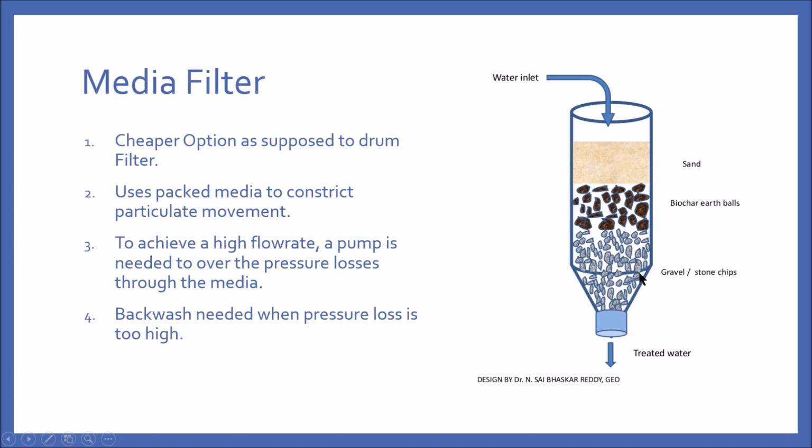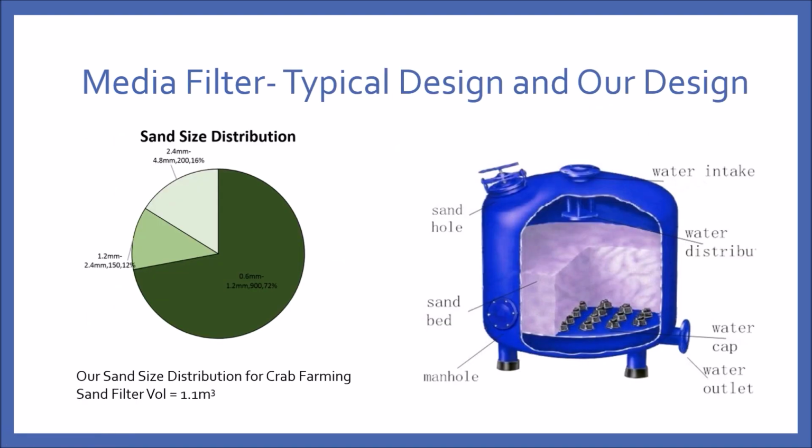You could use the coarser sand at the bottom, followed by the medium sand and the finer sand on the top. Due to the pressure loss across the media filter, sometimes you will require a pump to pump the water through the media filter. Solids accumulate at the top of the sand filter, and you will require a backwash to remove the accumulated solids. In each sand filter, you require a different sand size distribution for efficient backwashing and filtration.